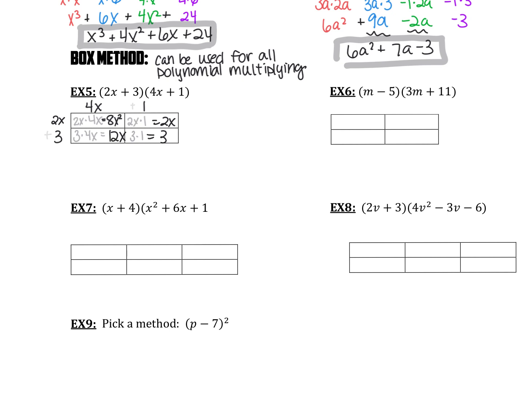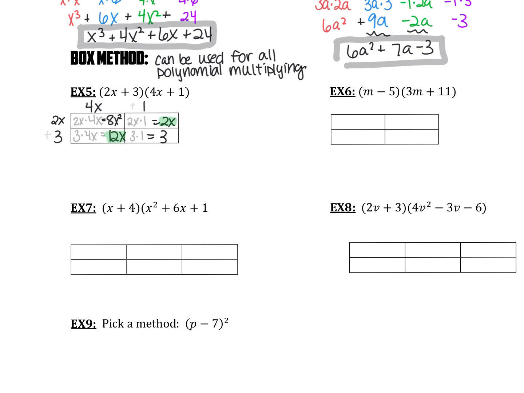Now what I have are a bunch of terms where I can look for like terms in my problem. I see that I have a like term of a 2x and a 12x. So I'm going to combine those two like terms. I'm going to do whatever the signs tell me. Those are both positive.